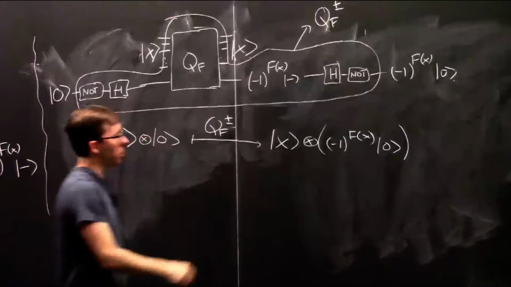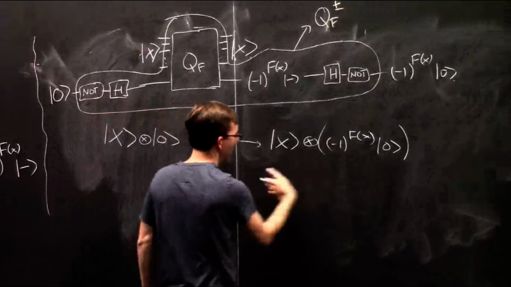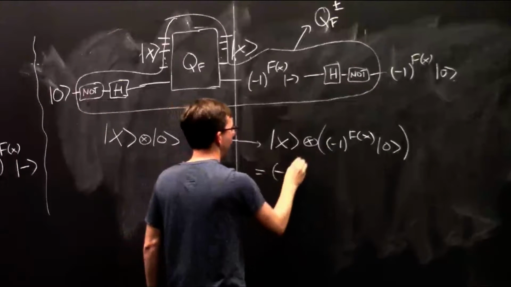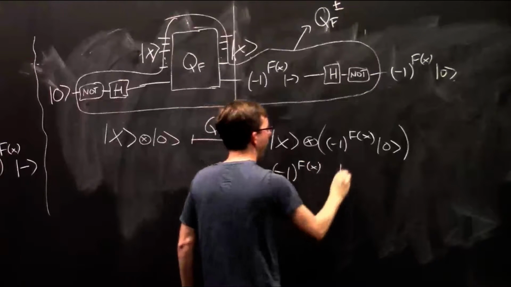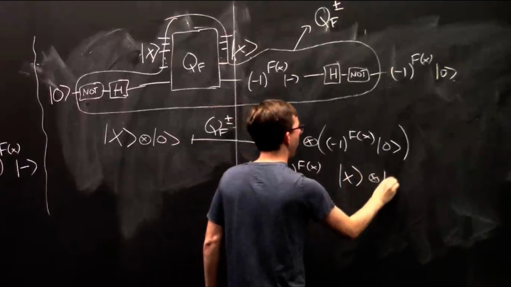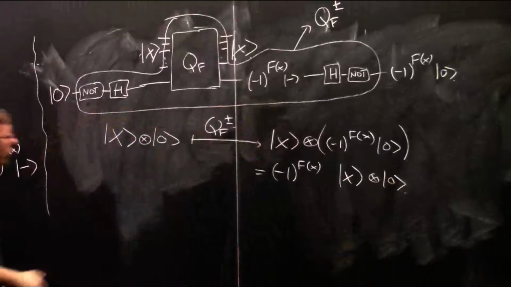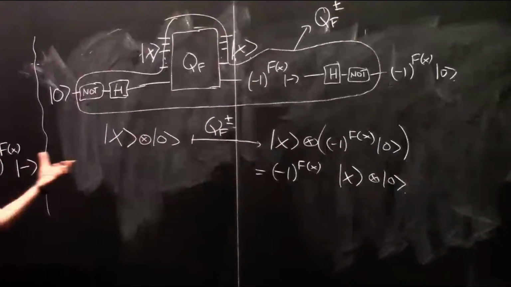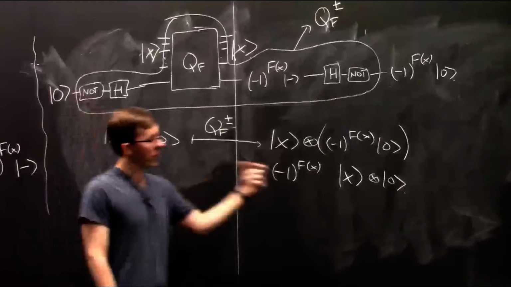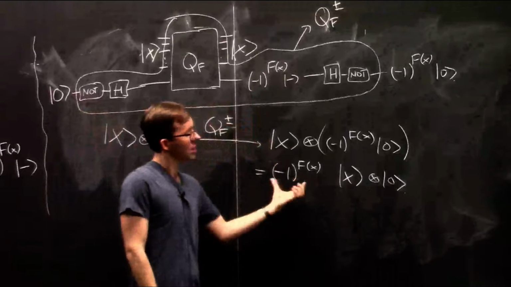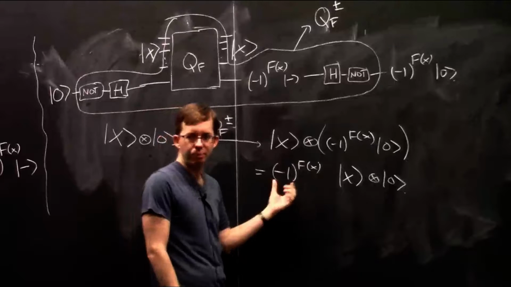But by the laws of linear algebra, this is just a scalar, and it can come out. So it's minus 1 to the f of x, x tensor 0. So that little trick just says that if you put in x and 0, you still get out x and 0, but the computation has happened here in this sign.